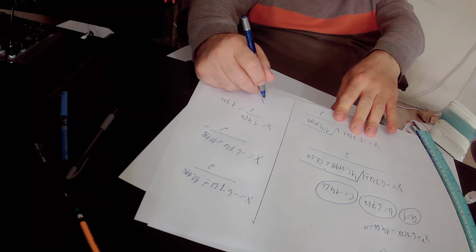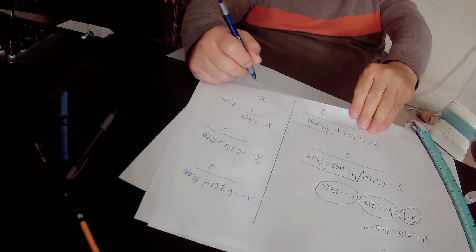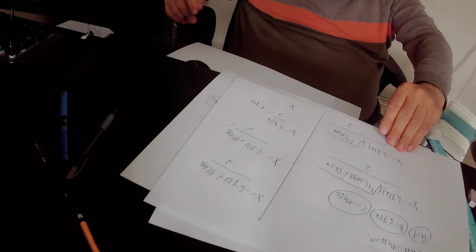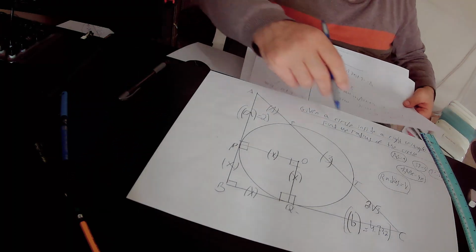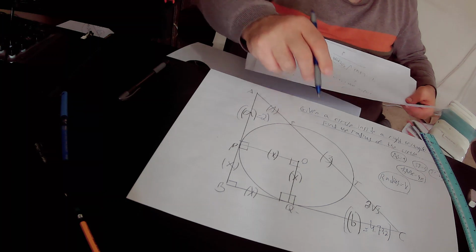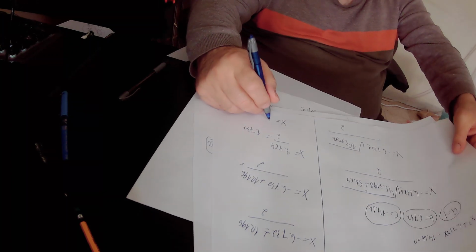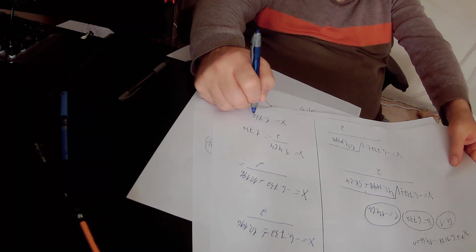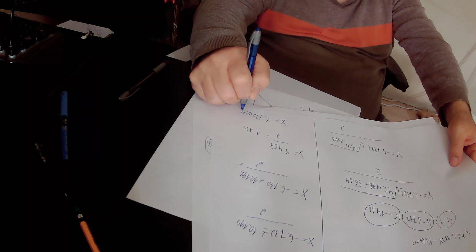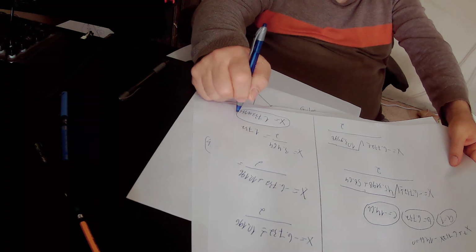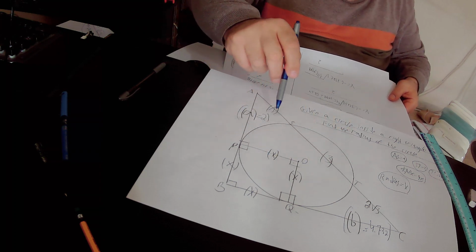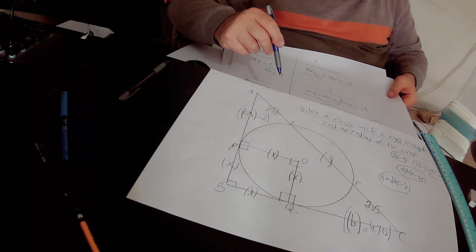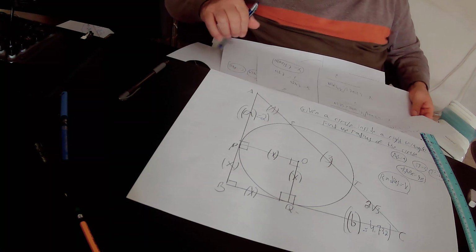In conclusion, we found that x, the length of the radius of this circle, equals 1.732 units. And that is the answer to the question. I repeat again: the radius of this circle x equals 1.732 units.